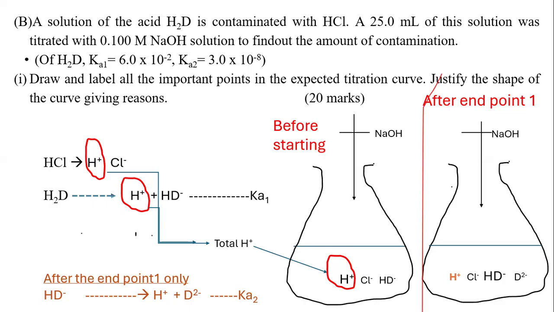Total H plus is contributed by HCl and H2D. But what will be titrated first? H plus contributed by HCl, madam. Yes, because it's very, very strong. H plus contributed by HCl.